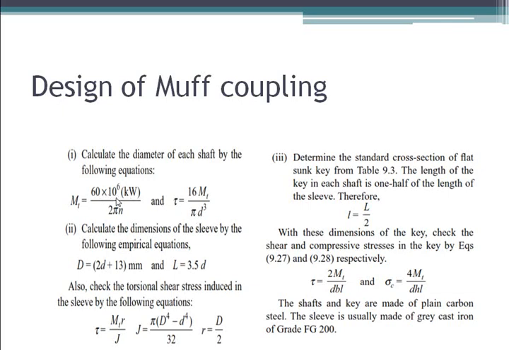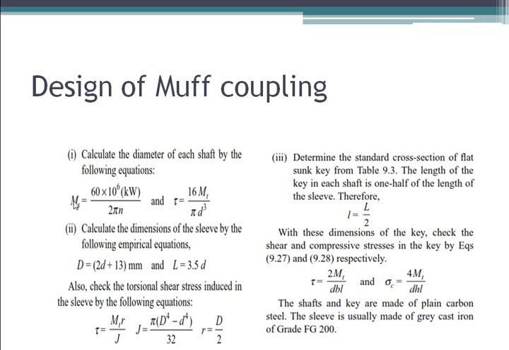Here into 10 power 6 was given because if we substitute the power in watts, then the torque will be in Newton meter, but we are doing the design in mm. So if we substitute kilowatt, we should do into 10 power 6, and if you substitute watts, you can multiply into 10 cube for converting the meters to mm.